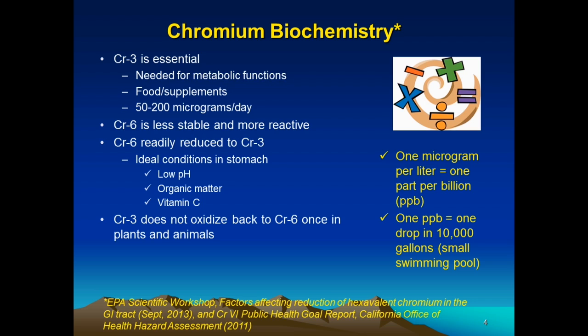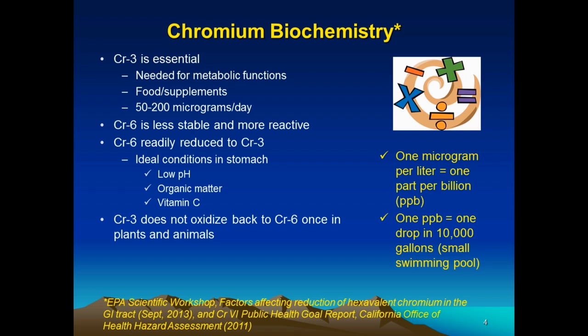The daily recommended dose is between 50 and 200 micrograms per day. Okay, a microgram, when it's dissolved in 1 liter of water, a little over a quart, is equal to 1 part per billion. 1 part per billion is about 1 drop in 10,000 gallons of water, a small swimming pool. So it's a very small amount, and the body does need that chromium-3.